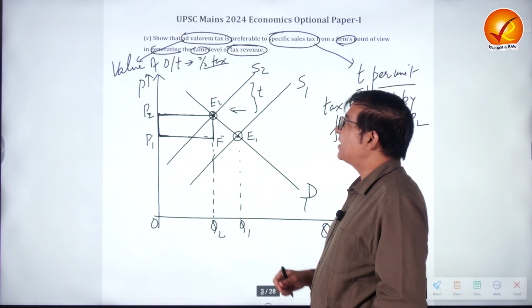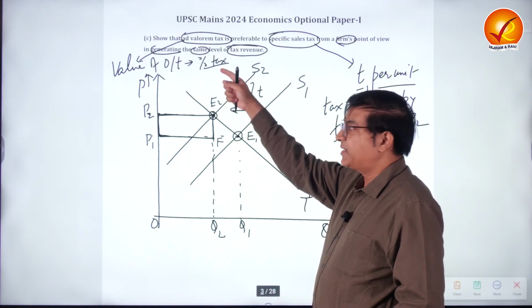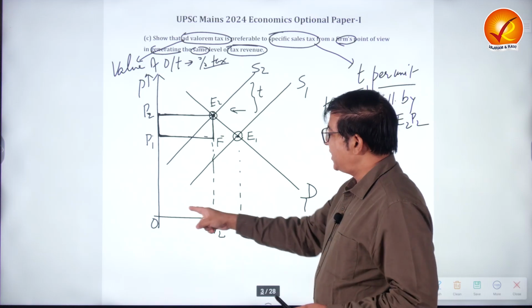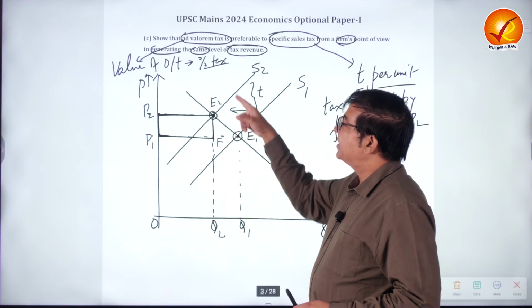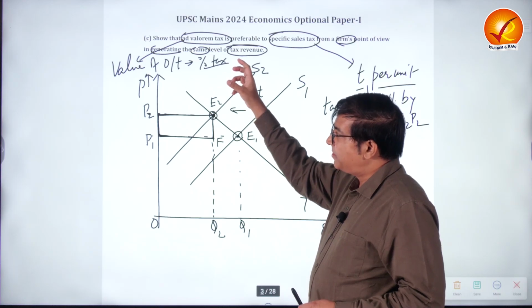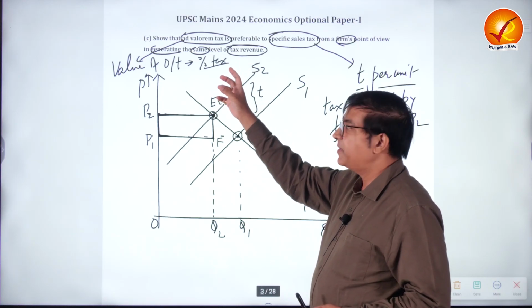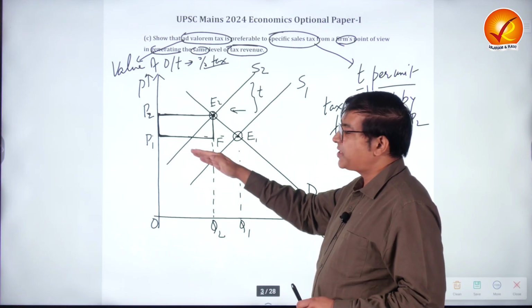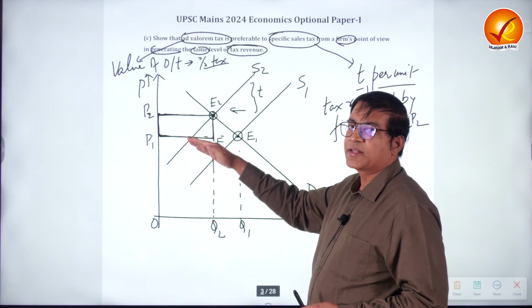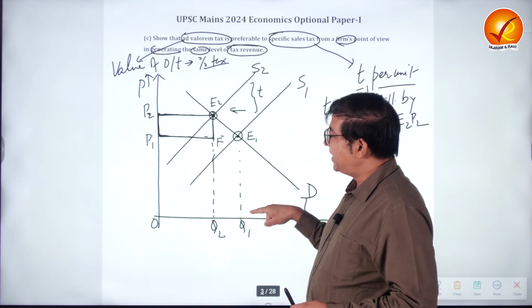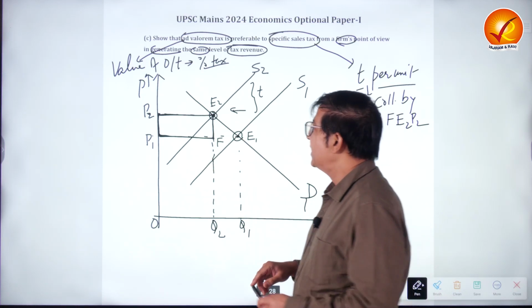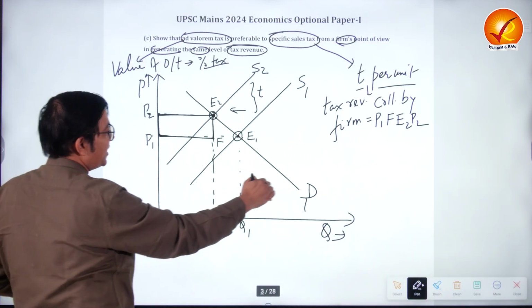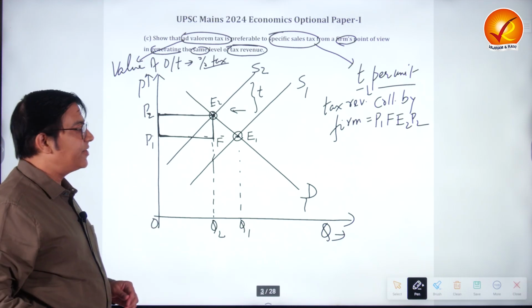When it is a percentage, for each quantity being sold at different prices, the rate of tax will remain the same, but the demand will not shift downward in a parallel manner because the tax is on the value. Say P1 Q1, P2 Q2, etc. So you can show that as a swivel in the demand curve.